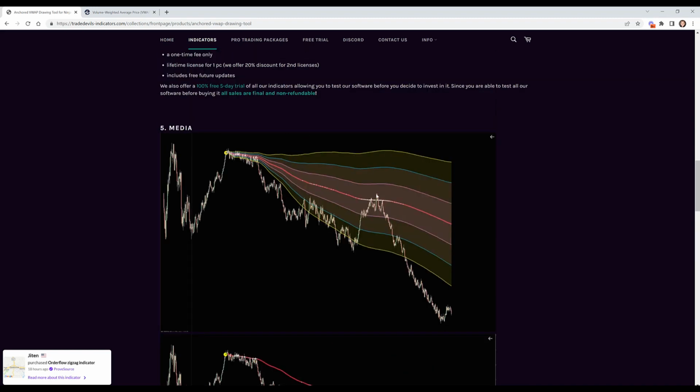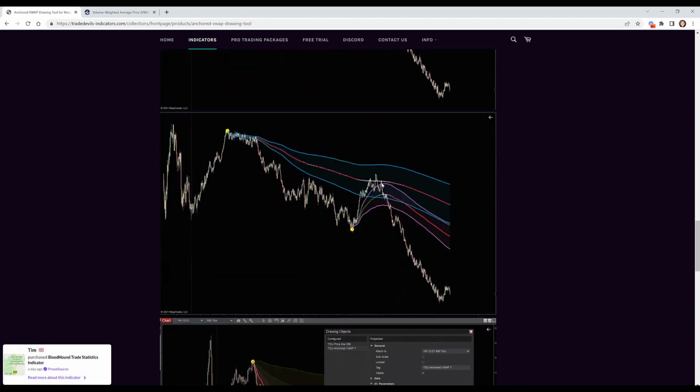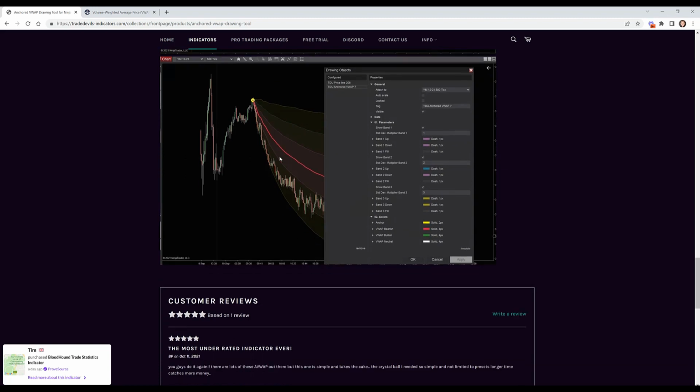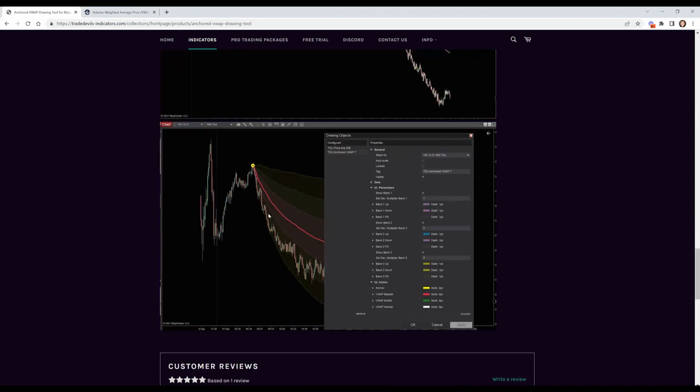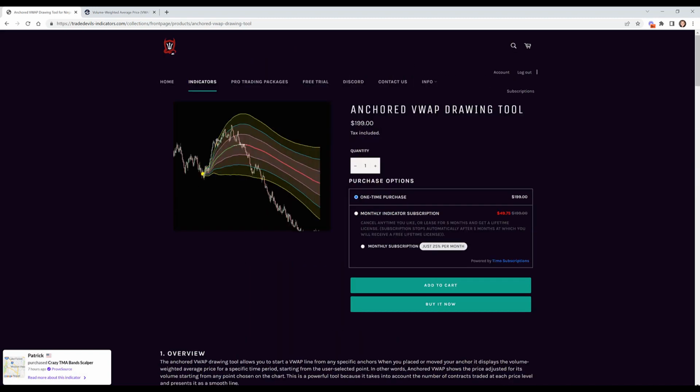I can't do it if I have the color fill. It's because of the way the layering is done in Ninja. I'm drawing your attention to that because we often get comments with questions about why can't I click in there. It's because of the way Ninja layers the indicators on top of price. So there you go.